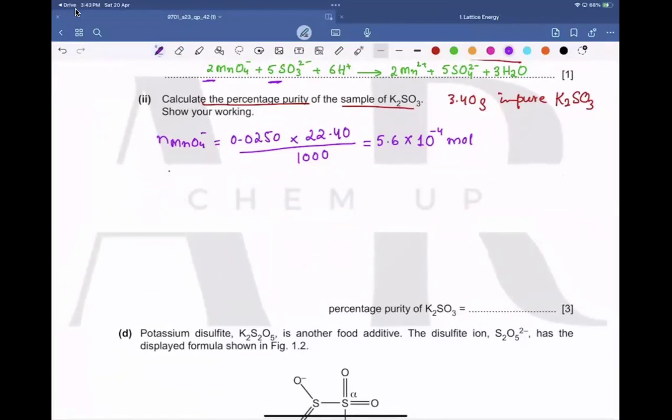I'm going to take the ratio between moles of permanganate ions and moles of sulfite ions. The ratio in the balanced equation is 2:5. So if the moles of permanganate ions are 5.6 exponent minus 4, then the moles of sulfite ion would be x. So x would be equal to 5.6 exponent minus 4 times 5 divided by 2.